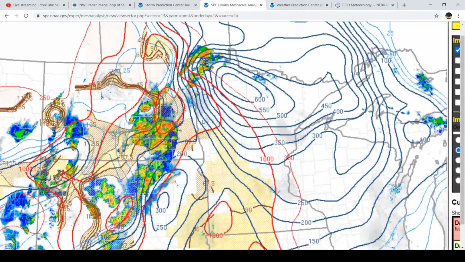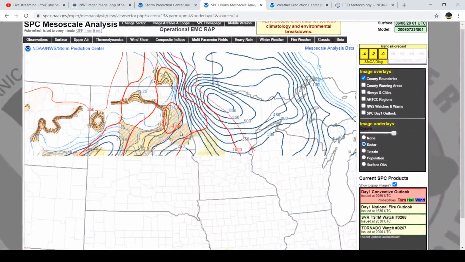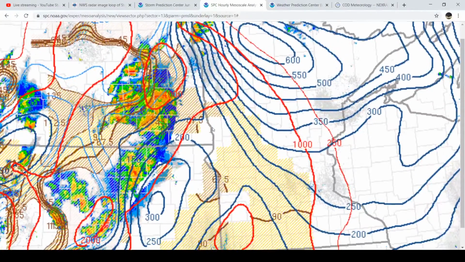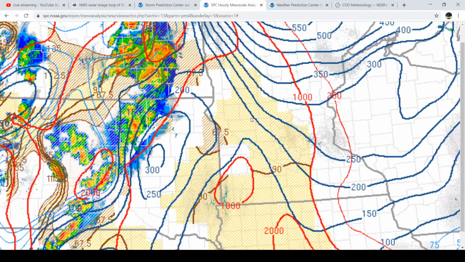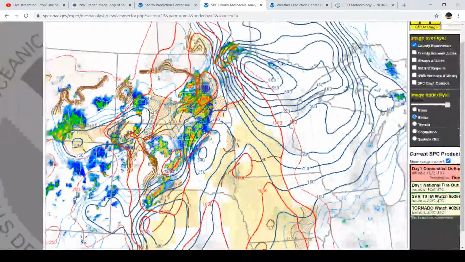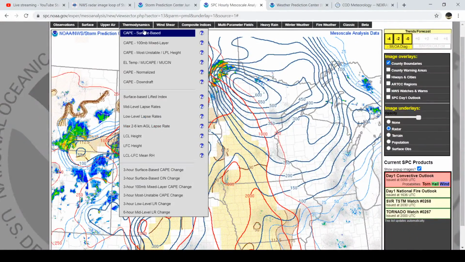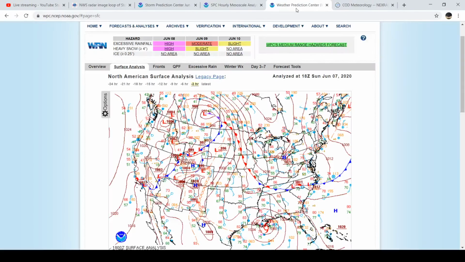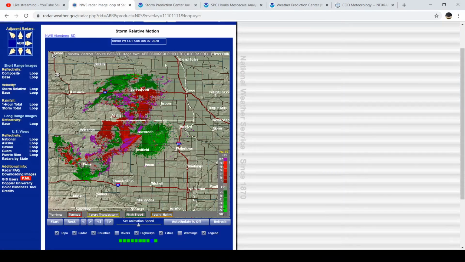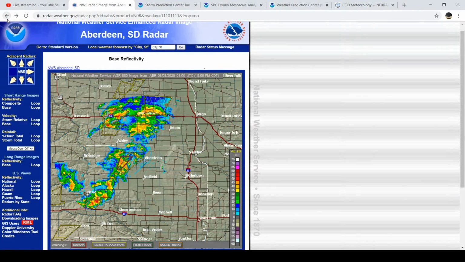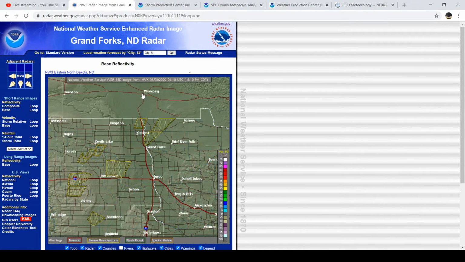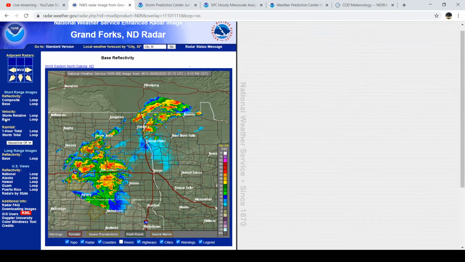If we look at the critical angle, well, see if they actually are tornado warned, or if they're all severe thunderstorm.